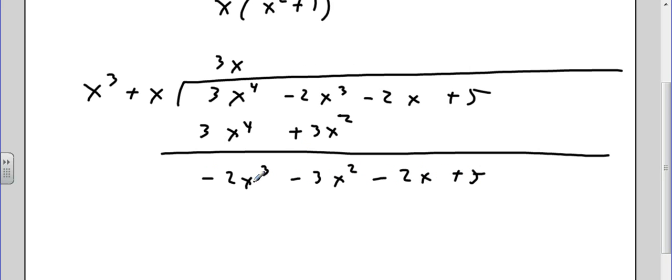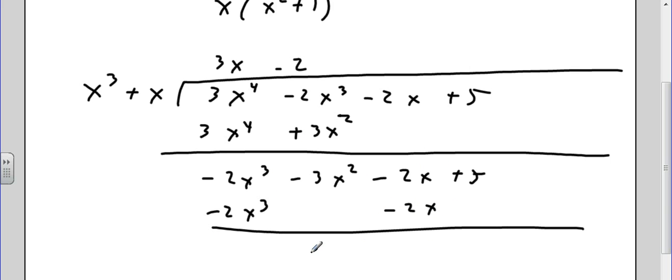And that's going to go in there minus 2 times, minus 2x cubed minus 2x. I subtract to get 0, subtract to get 0, and minus 3x squared plus 5 is my remainder.